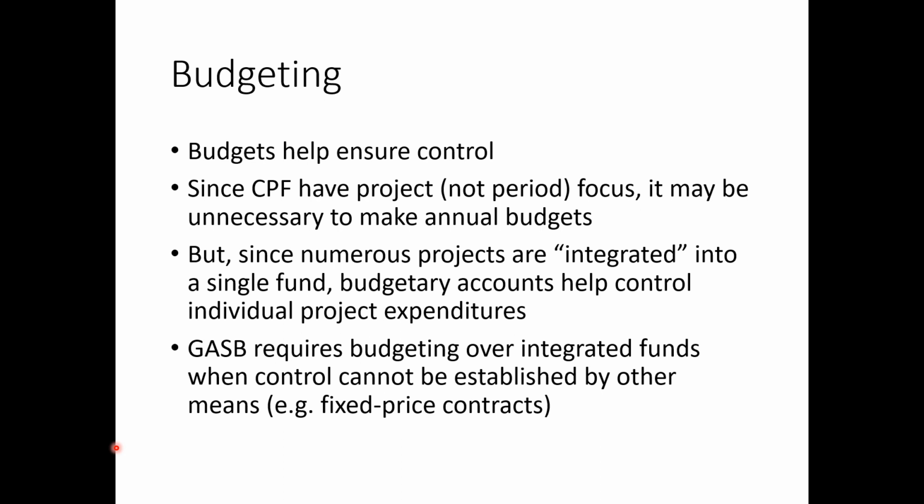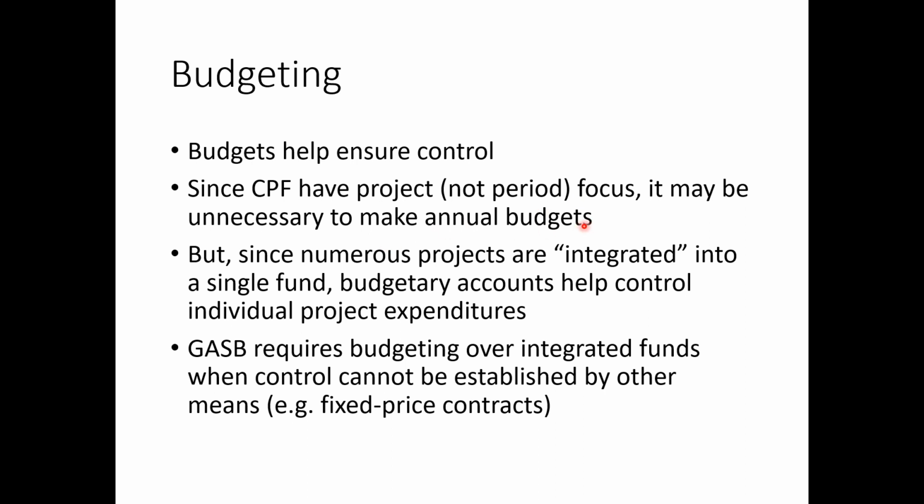Budgeting. We know budgeting is used for all the governmental funds. The budgets help ensure controls. Since CPF has project focus, it may be unnecessary to make an annual budget, because most projects will take more than a year to complete.